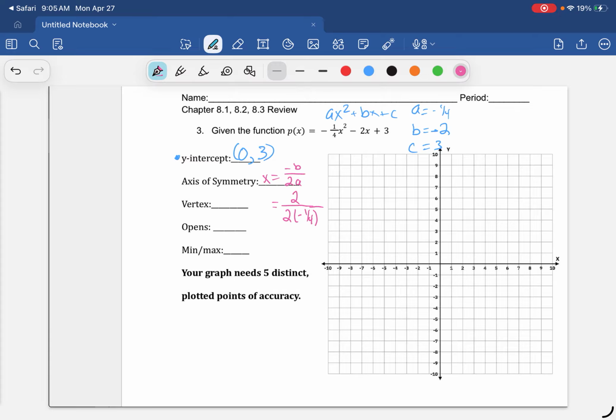Okay, then on a calculator, I would start typing stuff in. I do the denominator first. 2 times -1/4 is -1/2. Then I would take 2 divided by -1/2, and I get -4.